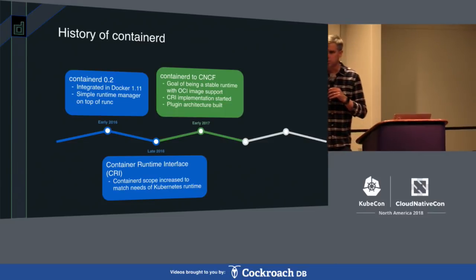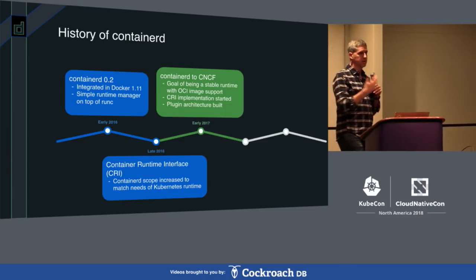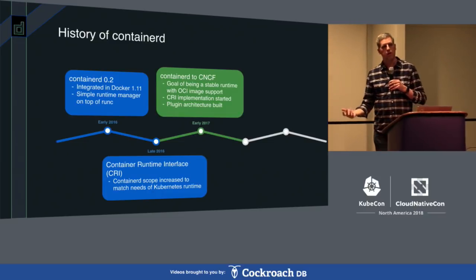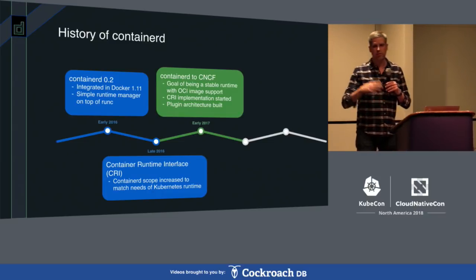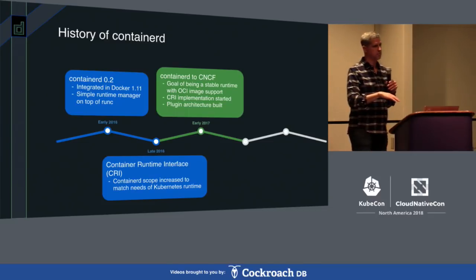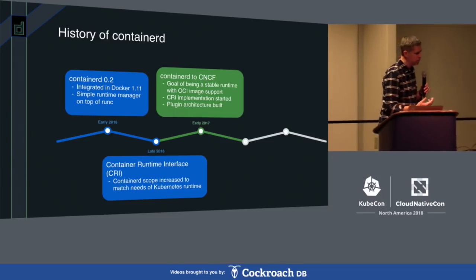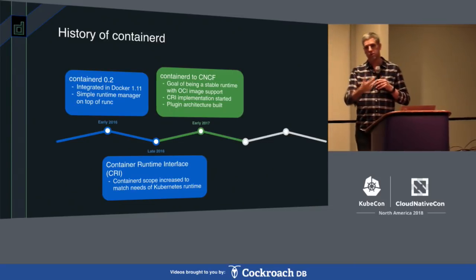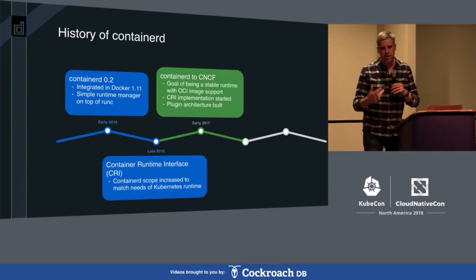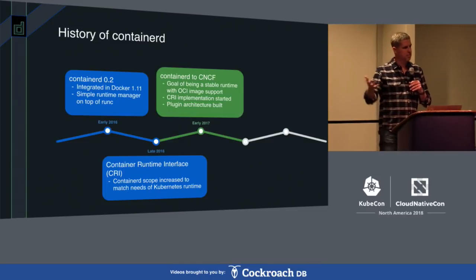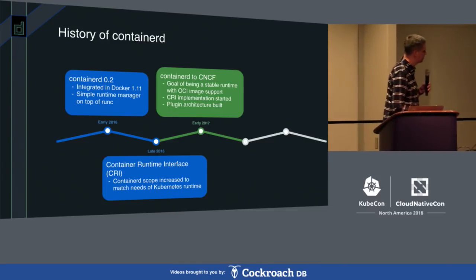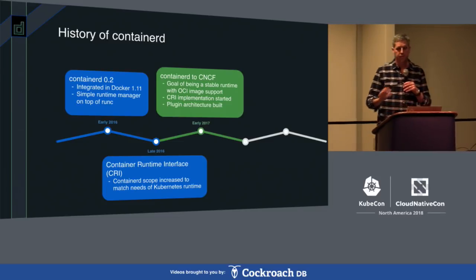And so Containerd was created within the Docker community, specifically Michael Crosby, one of our maintainers, created Containerd as a simple kind of runtime manager over runC processes. So in Docker 1.11, you now had Containerd running, and you could actually restart the Docker engine, and your containers didn't have to stop. Containerd would manage those processes that were being executed through OCI's runC. So that was the very start.